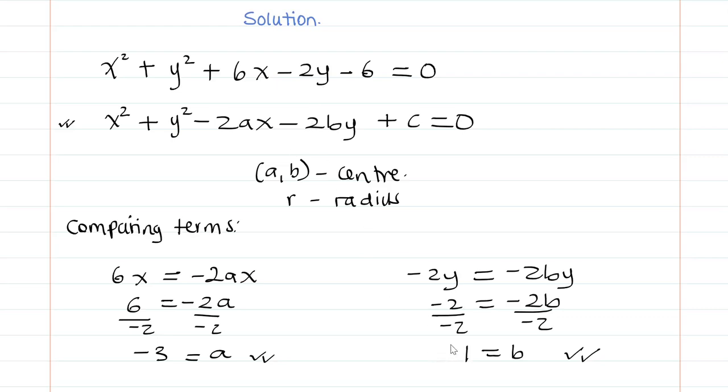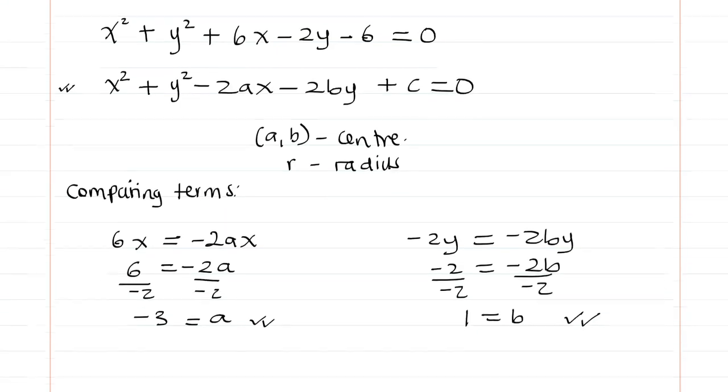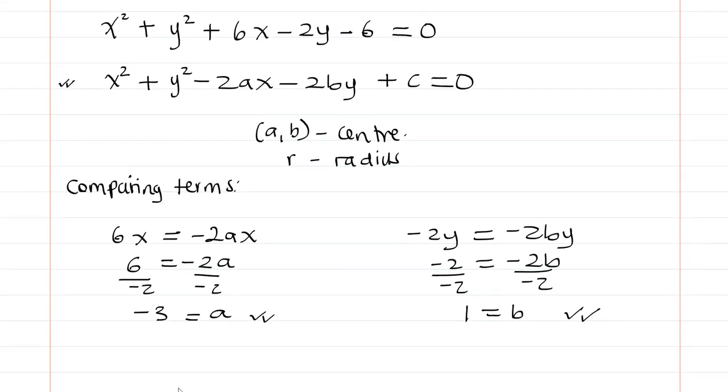That is a quick guide. You do not necessarily have to do this, but I've done it to show you the right way. Now from here, we can conclude that our center has coordinates a and b, that is negative 3 and 1. These are the coordinates of the center of this circle.